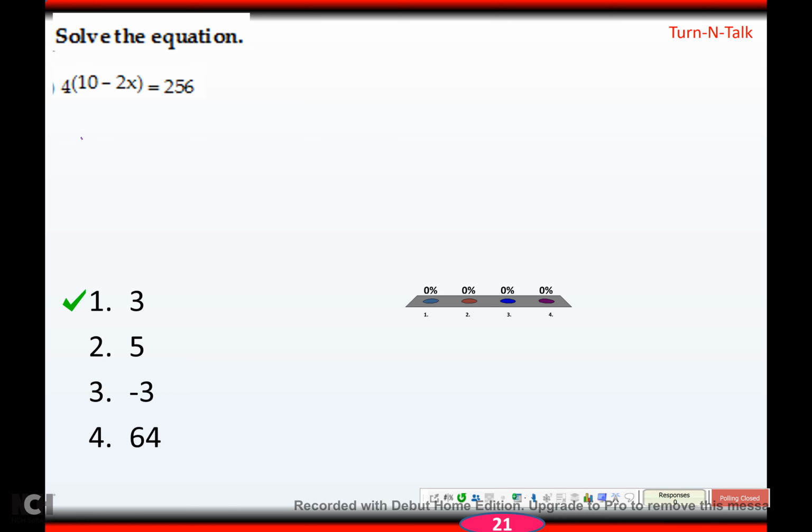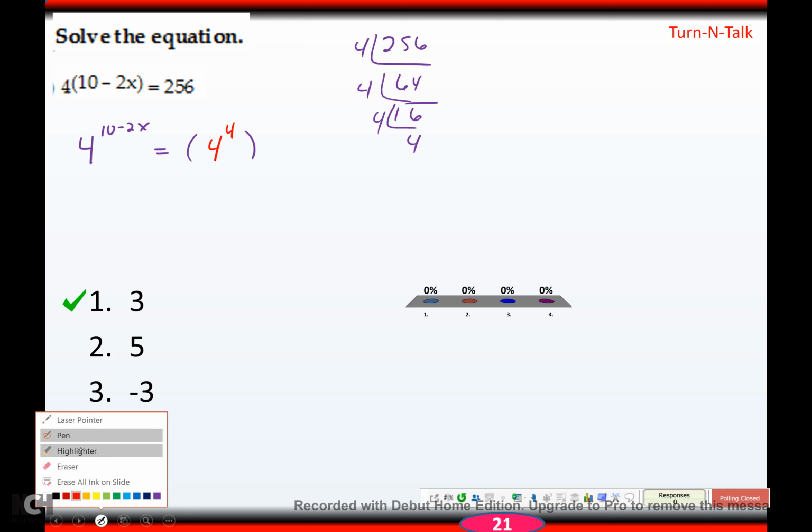Okay, this side is base 4. So my goal is to rewrite 256 with 4's. Break it down by 4. 256 divided by 4 is 64. By 4 is 16. By 4 is 4. So I can rewrite 256 as 4 to the 4th.